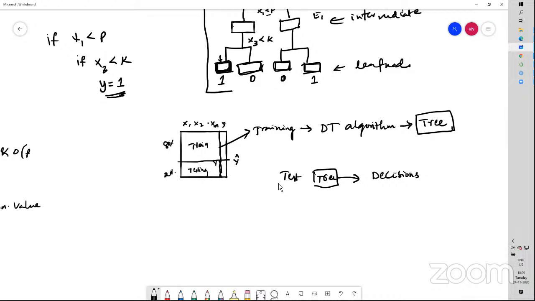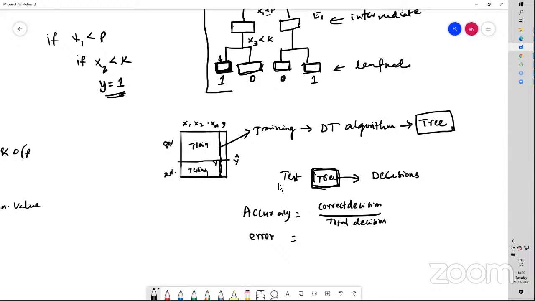Now, we need to find out how good our learning is, how good our tree is in making the decisions, right? So for that, we use metrics like, let's say, accuracy, and we can also use metrics like error. So what is accuracy? Number of correct decisions that we have made divided by total number of decisions.